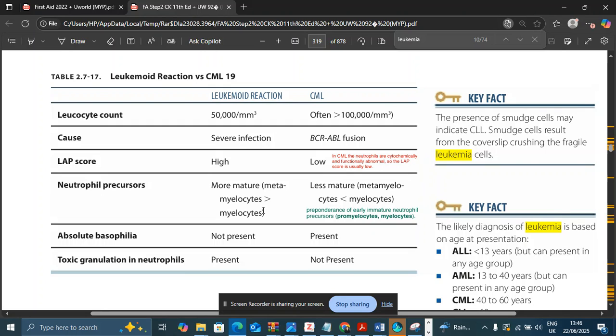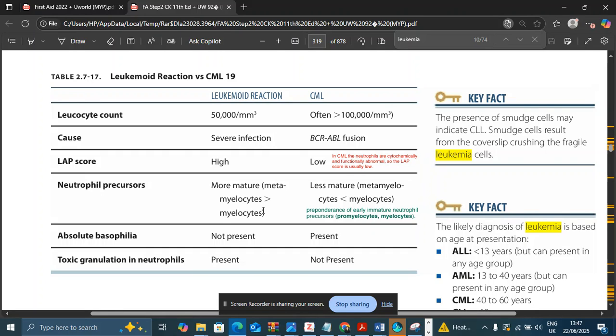And in CML, less mature neutrophils will be more, like myelocytes will be more than metamyelocytes. You got my point? So in the peripheral smear, if there is a greater number of mature neutrophils, most likely it is leukemoid reaction. And if there is a greater number of less mature neutrophils, then it is most likely CML.